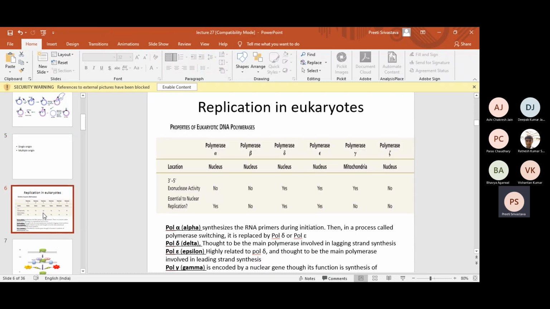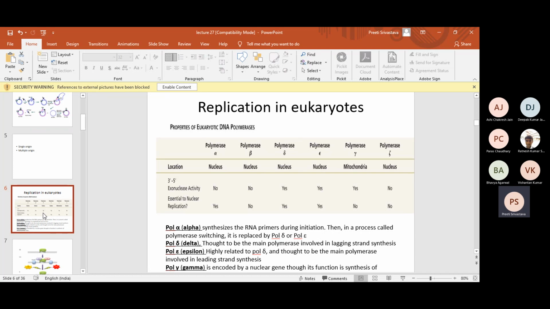The eukaryotic polymerases that are used are named alpha, beta, gamma, delta, epsilon, and eta. Some of them have 3' to 5' exonuclease activity, and their locations also differ; some of them are in the nucleus, some of them are in other places.